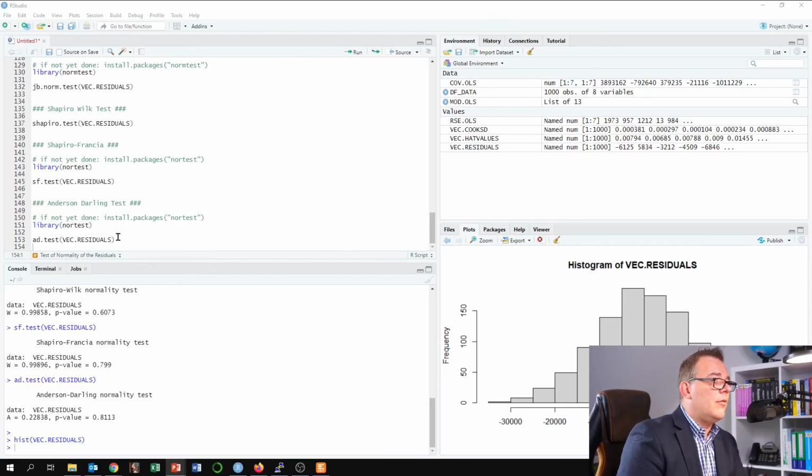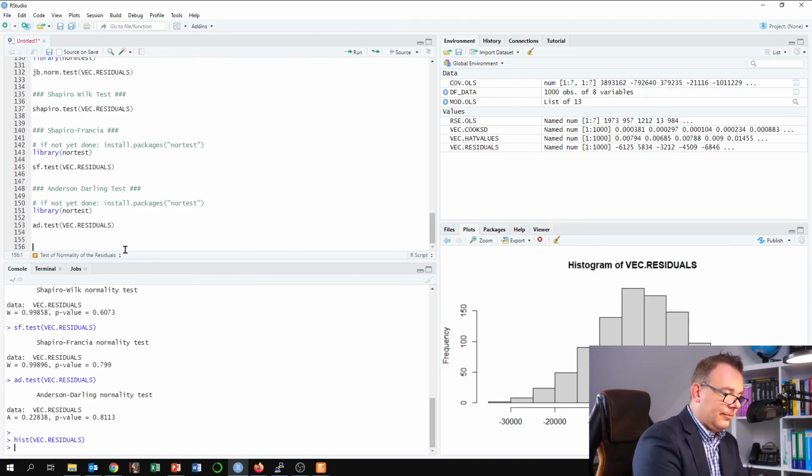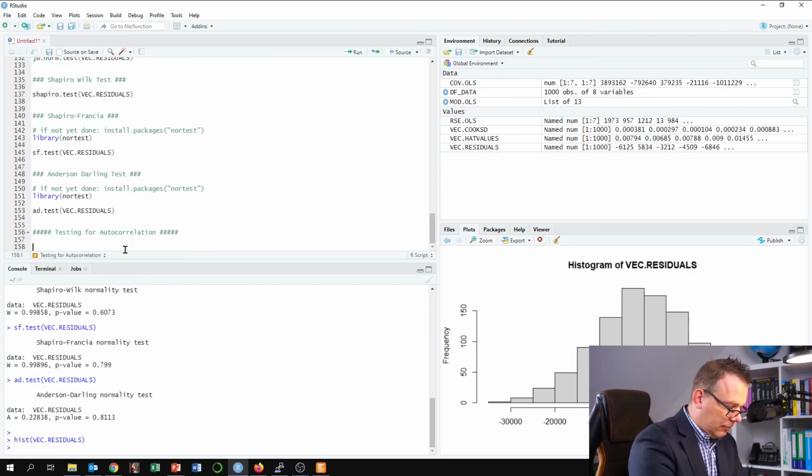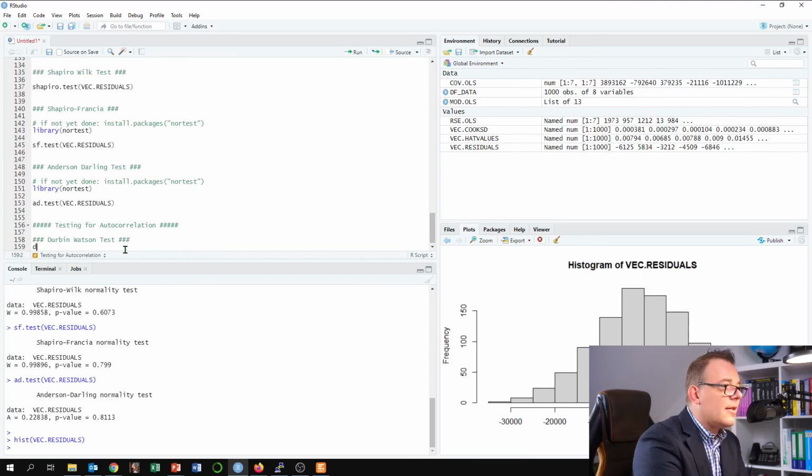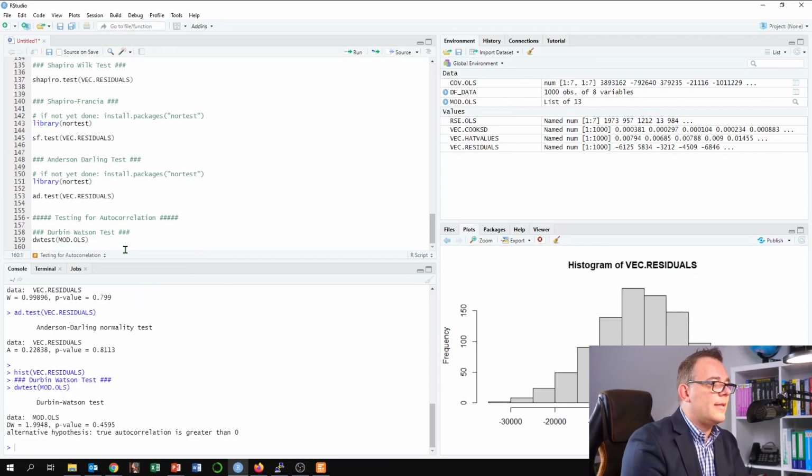I'm back in our studio, and I just add that. The test for autocorrelation is a standard test here, that is the Durbin-Watson test. And the Durbin-Watson test is dwtest, mod OLS. So I hand over my model variable and I run this and I get this result here.